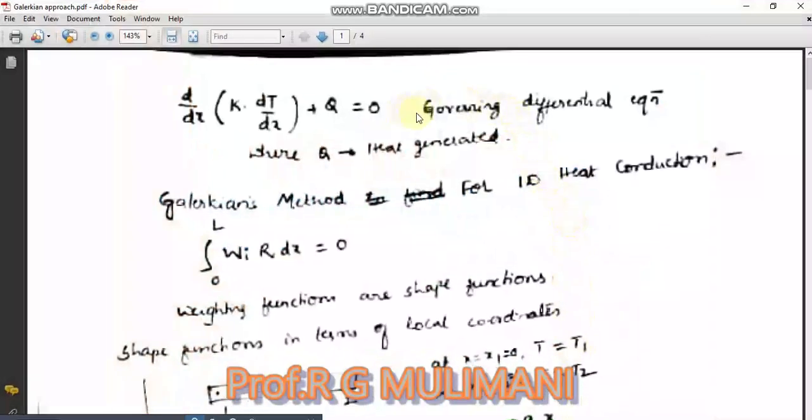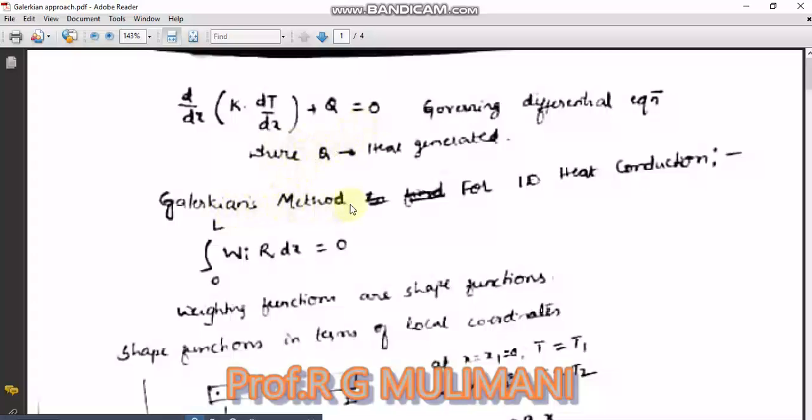In our first video of this module, we derived the governing differential equation. You can refer to that video, the first video of module 4. Here d by dx of k dT by dx plus q equals 0, where q is the heat generated, k is the thermal conductivity, and dT by dx is the thermal gradient with respect to the length.